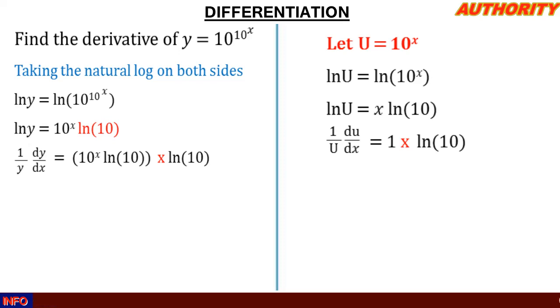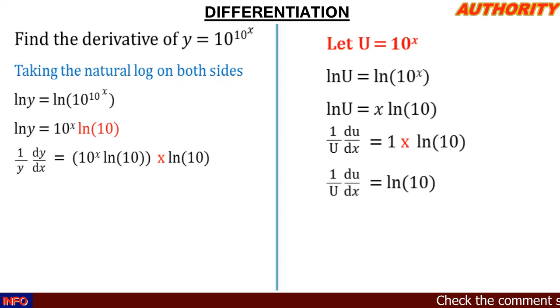The derivative of x is 1, then multiply by ln 10 gives us ln 10, and the derivative of ln 10 is 0, because it's just a number, a constant. So that means we have 1 over u du/dx is equal to ln 10.